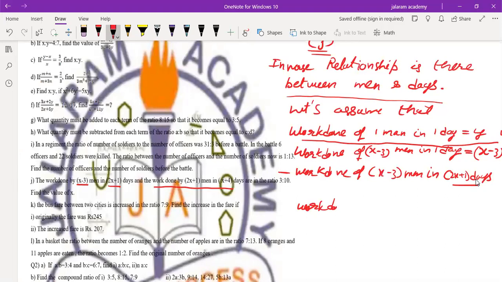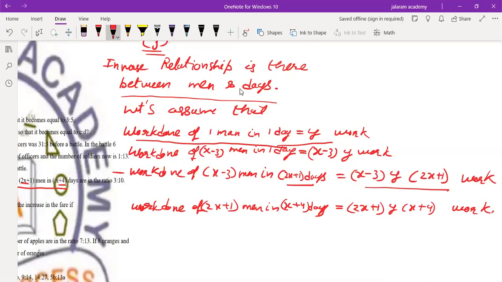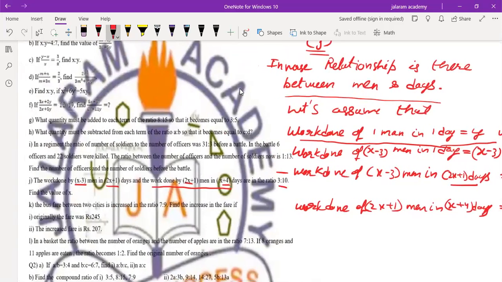The work done by 2x plus 1 men in x plus 4 days will again be multiplied like the previous statement. So it is 2x plus 1 into y into x plus 4 work. Now, the ratio of their work done is given as 3:10.